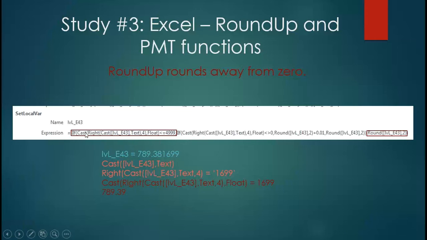But yes, there is a limit to how many characters you can have in a calculation or formula, because basically it's limited by what can go in this set local variable line. Eventually it's going to say, hey, there's no more room. And we'll get to that in just a minute. I'll show you how I had to actually break one formula into two in my last example.